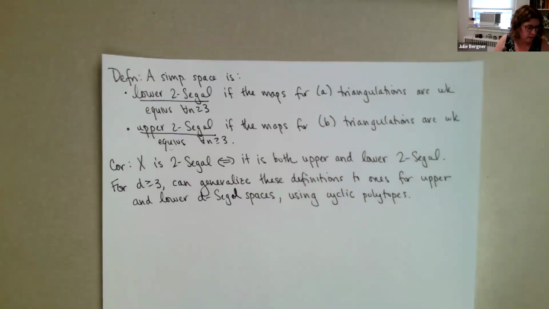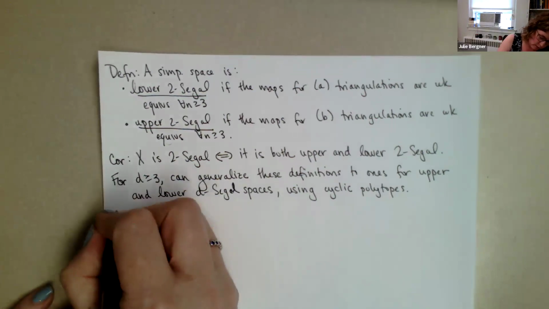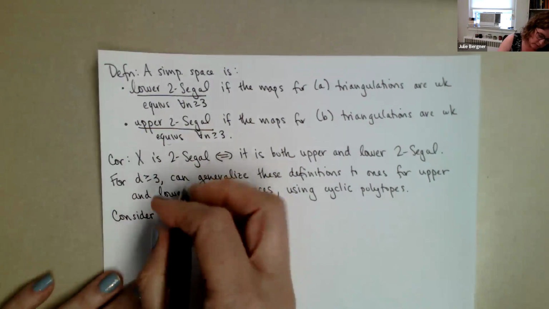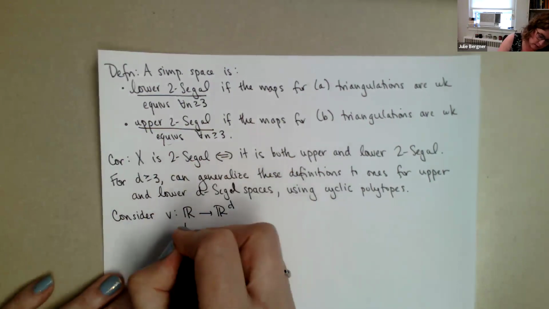Okay, I think I can quickly say a little bit what these are. So consider the map V from R to R^D.